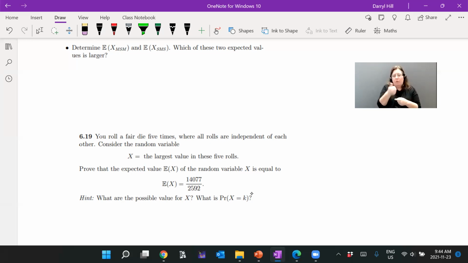In terms of learning new topics, indicator random variables and expected value is basically going to be all of the rest of the class until the last couple of lectures, but that material is not on the assignment. So at this point, you can try everything on the assignment. You may need to learn one or two more tricks, but you have the tools to attempt everything. There's nothing past expected value on this assignment.